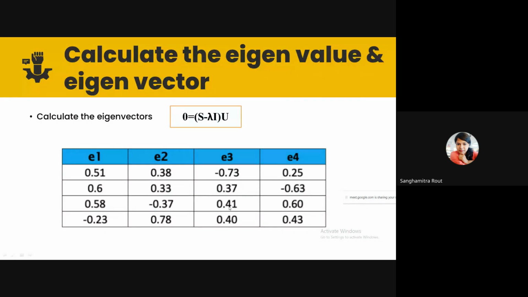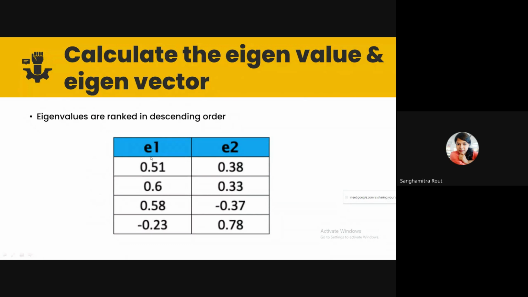These are the simple steps we follow for the calculation. In this table, as I told you earlier, the eigenvalues are ranked from highest to lowest, and we have taken only the two showing the highest values, that means lambda 1 and lambda 2. Similarly, based on our result, we will choose two eigenvectors, E1 and E2, which you have taken here.